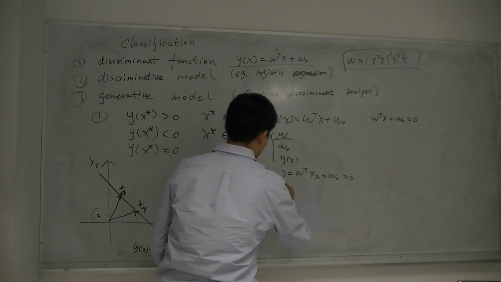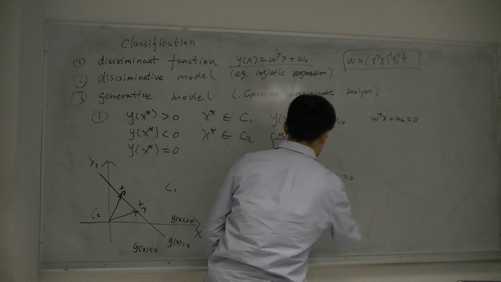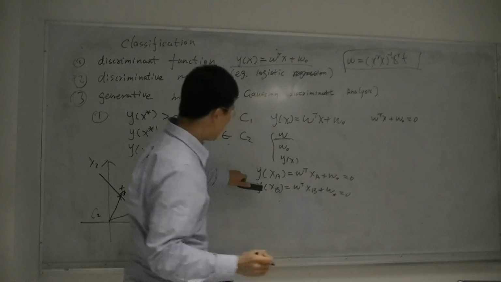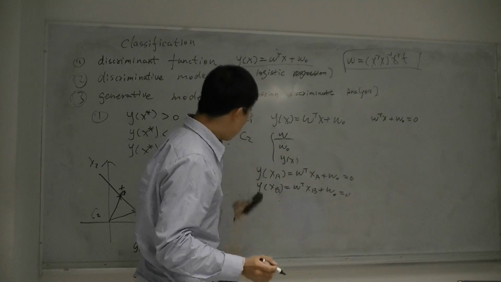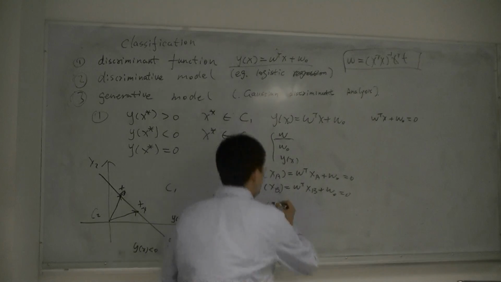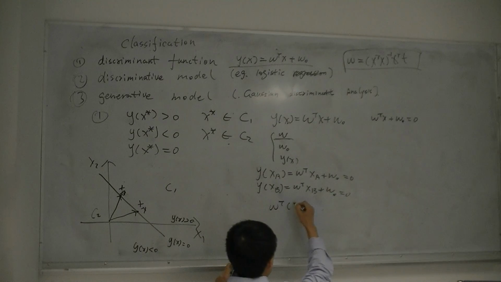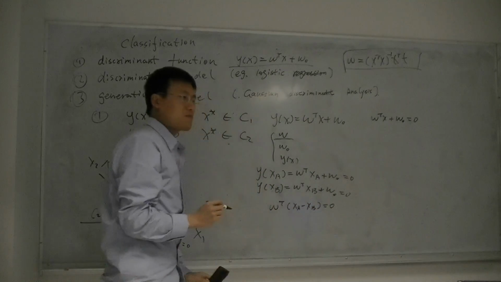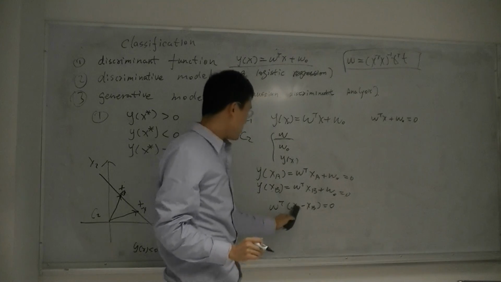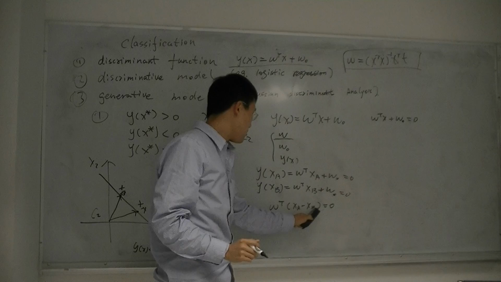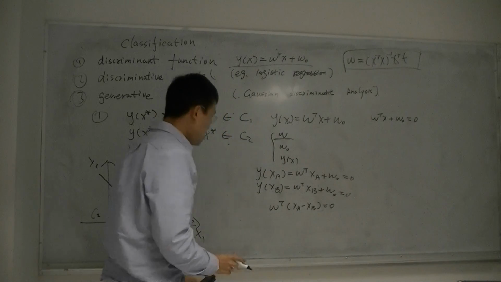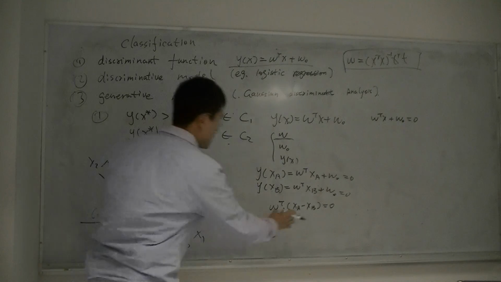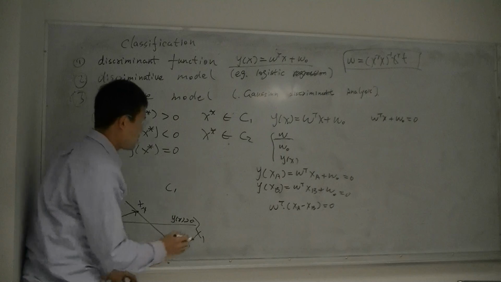And we have y of xb equal to 0, right? So we subtract the second equation from the first. We get omega transpose times the vector xa minus xb equal to 0. So here is a dot product, between the vector omega transpose and the vector xa minus xb.